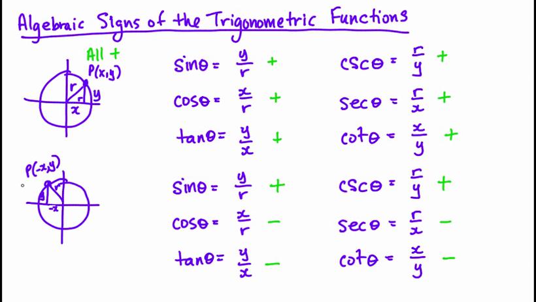So in this quadrant here, only sine and the reciprocal of sine. And the reciprocals will always be positive as well if the original one is positive. Only sine is positive.